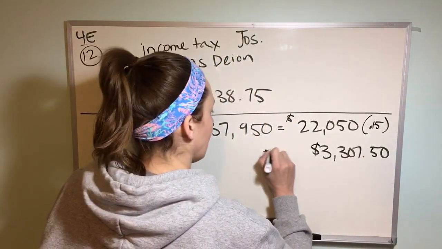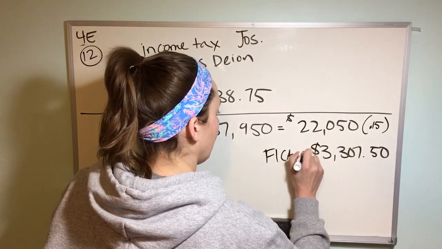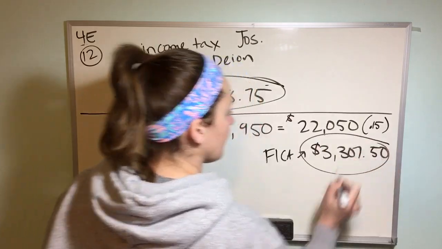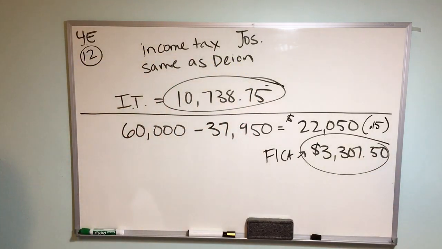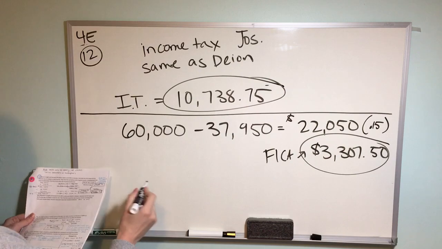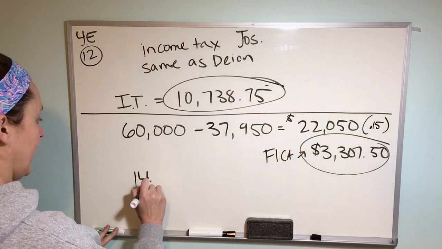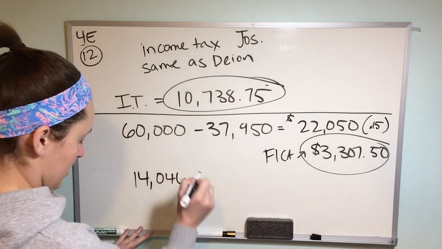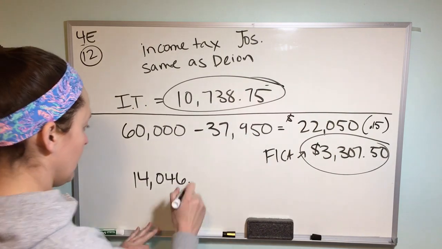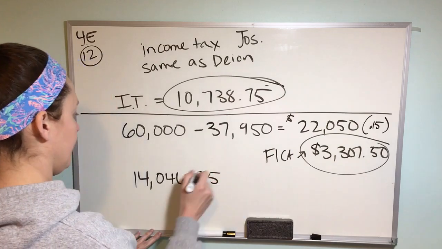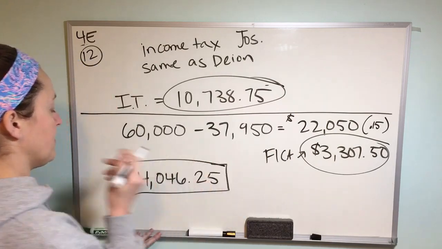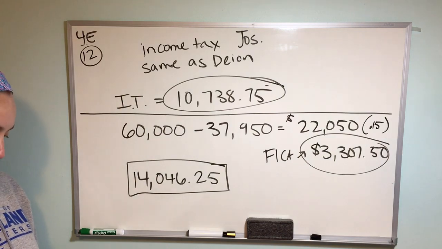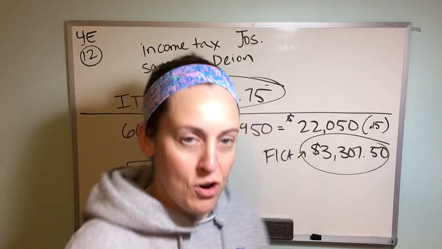So those are her FICA taxes. So we're going to take this and add it together to find Josephina's total tax bill. Go ahead, add it together. Use your calculator. Her total tax bill is $14,046.25, and that should be it. All right, so that's it for 4E.